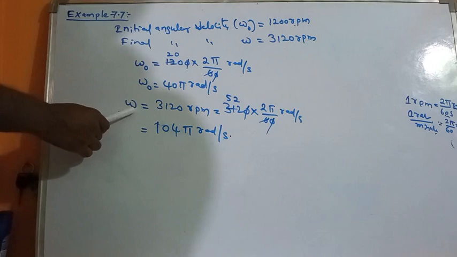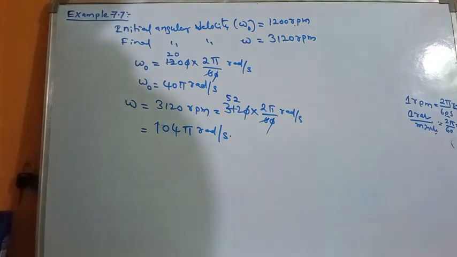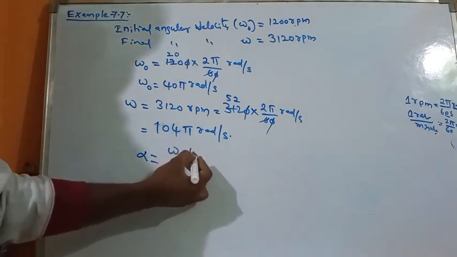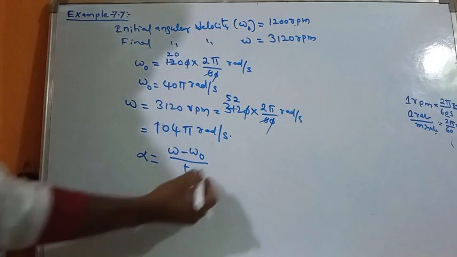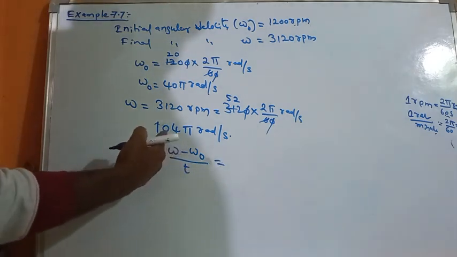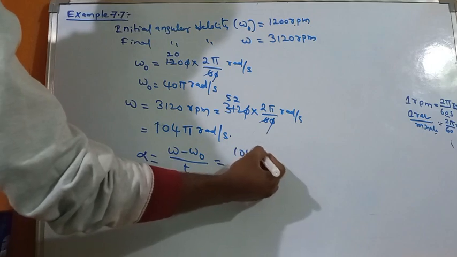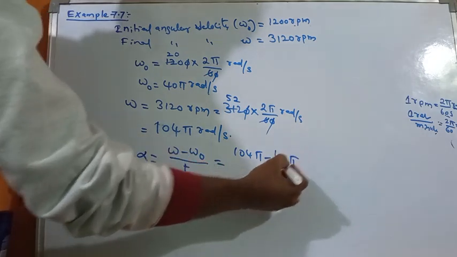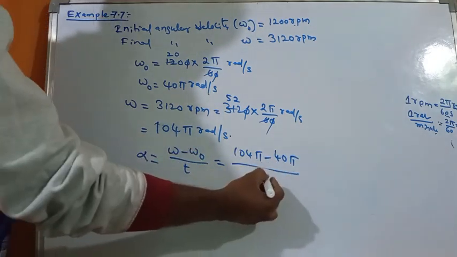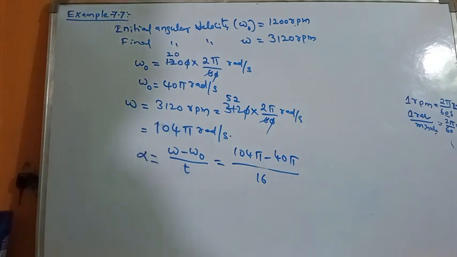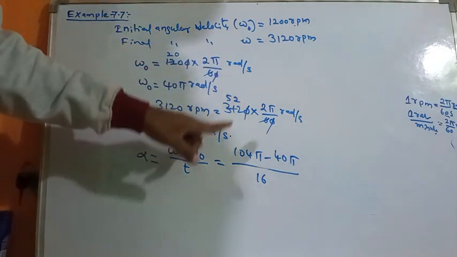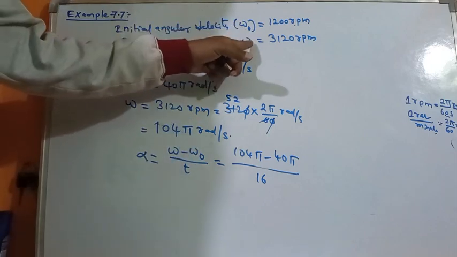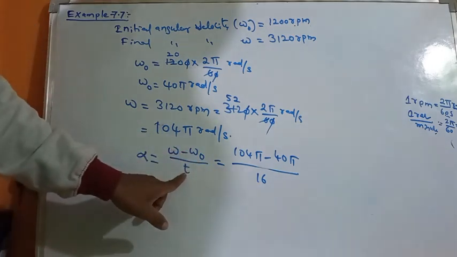Now we have the final angular velocity and initial angular velocity. Then find out alpha. Alpha is equal to omega minus omega naught by t, that is, omega is 104 pi minus omega naught, which is 40 pi, by time. Remember, the time taken from initial angular velocity to final angular velocity is 16 seconds.